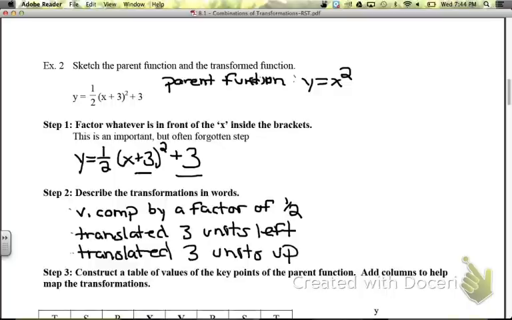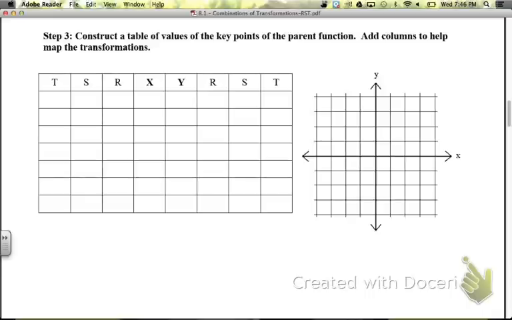So now we're going to go ahead and do our RST table. Again, we're going to begin with our parent function, y equals x squared. So we're going to again start at -3 and go up to positive 3. This step we did in our previous example.